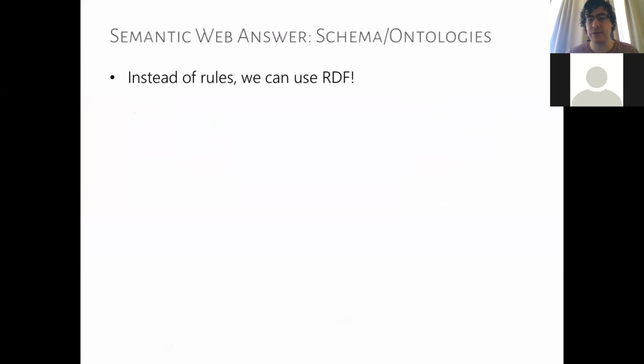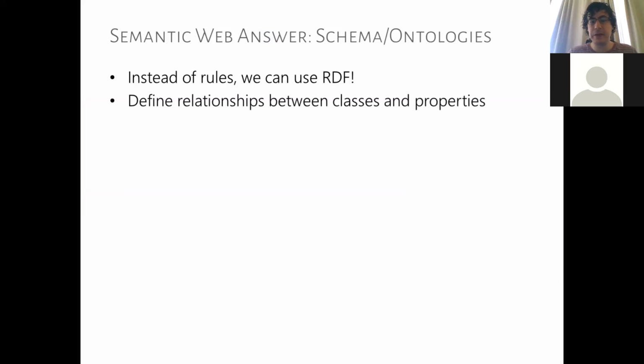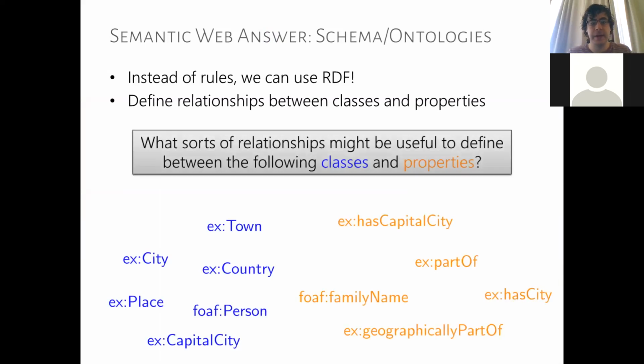So instead of using rules, we can use RDF, and we can use edges or relationships with special defined meaning. We can use these edges, these relationships, to define classes or properties. This will become clearer in a second.